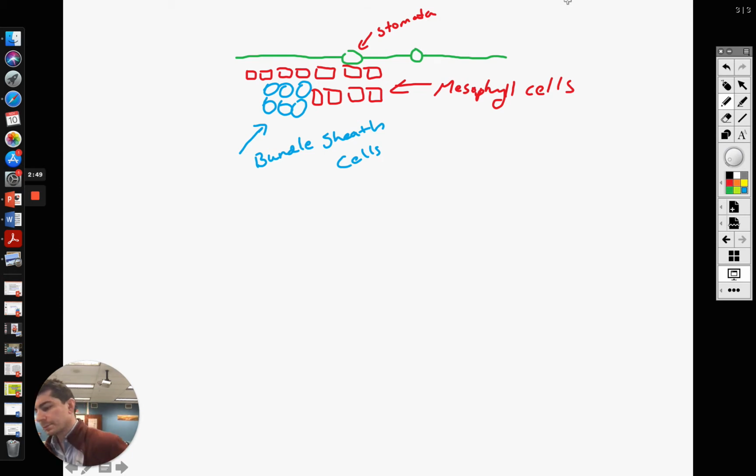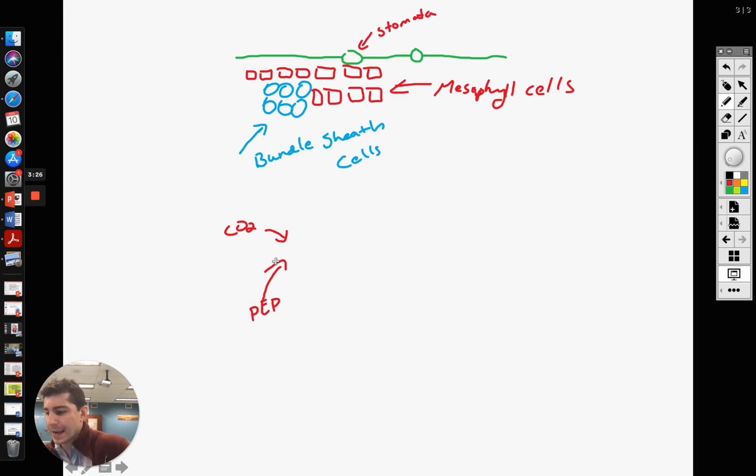So here's what happens. In our mesophyll cells, we're going to bring in the carbon dioxide. All right. Instead of combining with RuBP, it's going to combine, that's an E, sorry. It's going to combine with something called PEP. It's called phosphoenolpyruvate.